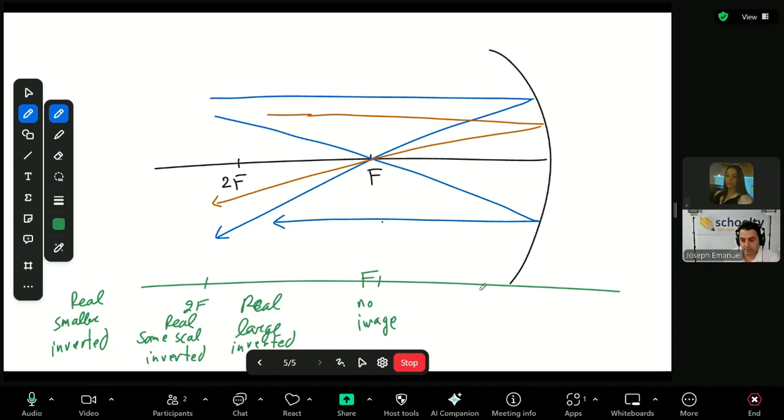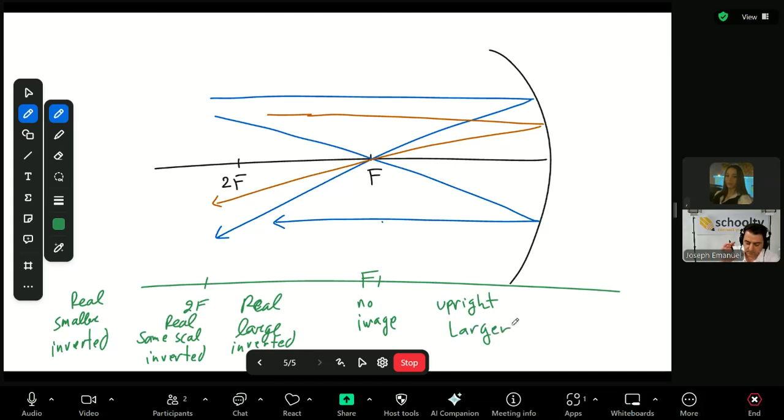What about between F and the mirror? You will have the same image, but it will not be inverted, it will be upright. Larger, because the arrows are condensed in a smaller area, so this is larger.